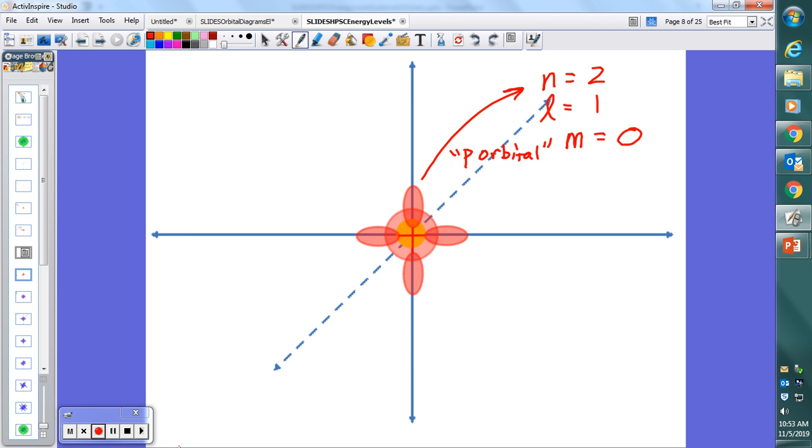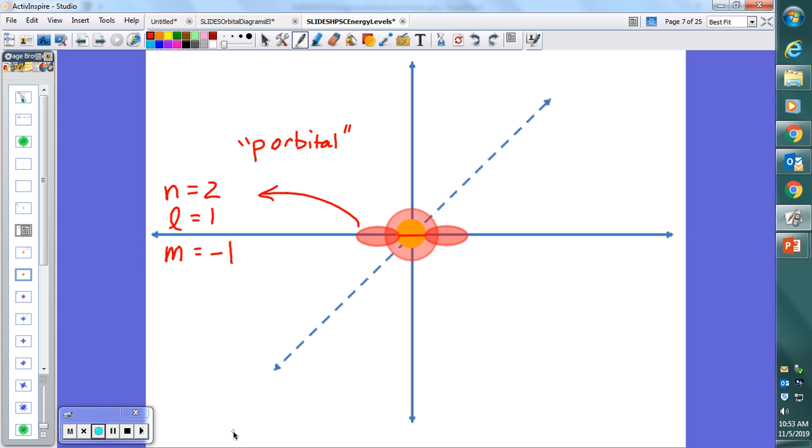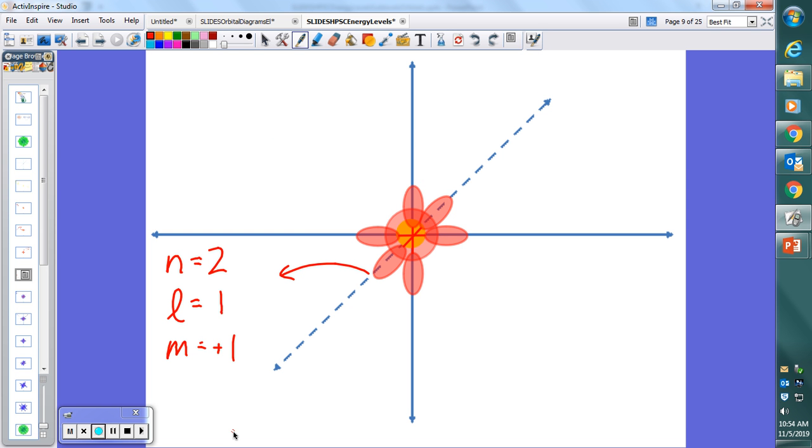We gave this p orbital a magnetic quantum number equal to 0. So what does that mean the magnetic quantum number for this one has to be? Not just 1, but positive 1. And now, even though we have 3 p orbitals that are exactly the same color, have we distinguished all of them from each other? Yeah, they have their own combination of numbers. Good there? Okay.